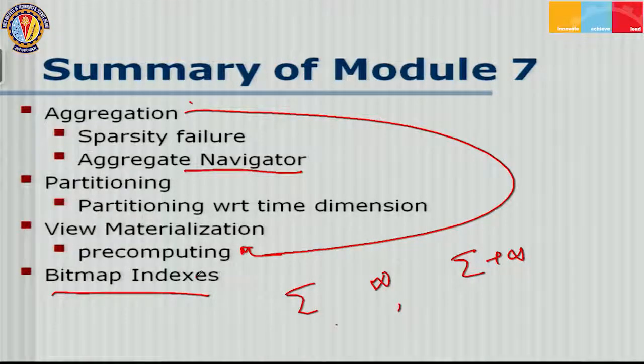And then we recently discussed bitmap indexes, which are a very efficient way to retrieve large amounts of data from the data warehouse, and they are also multidimensional in nature, so they naturally fit multidimensional queries.